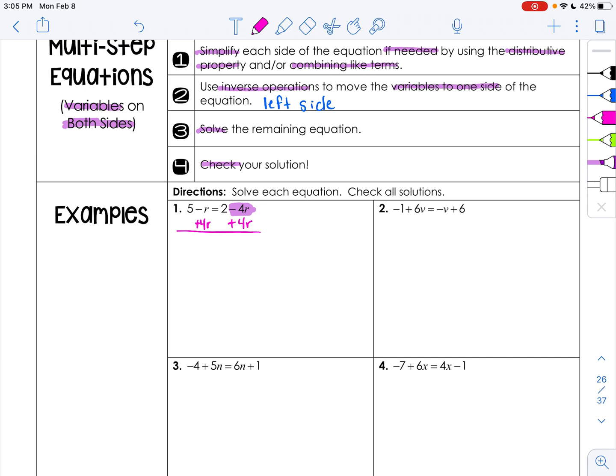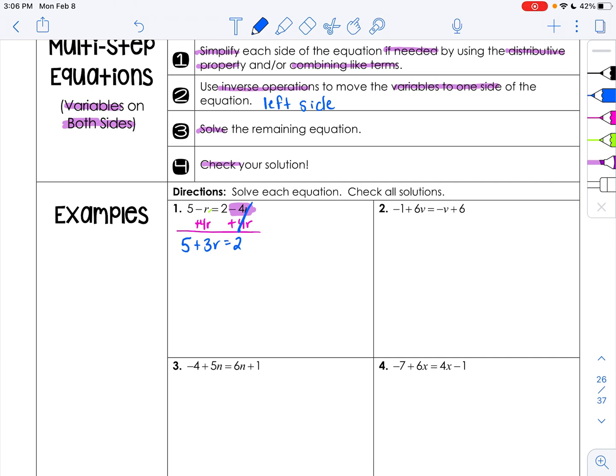So over here on the left side, I put the 4r underneath the r, not the 5, because I can't combine it with the 5. So this is going to give me 5 plus 3r equals 2. Because negative 1 plus 4 is 3, and negative 4 plus 4 cancels out.